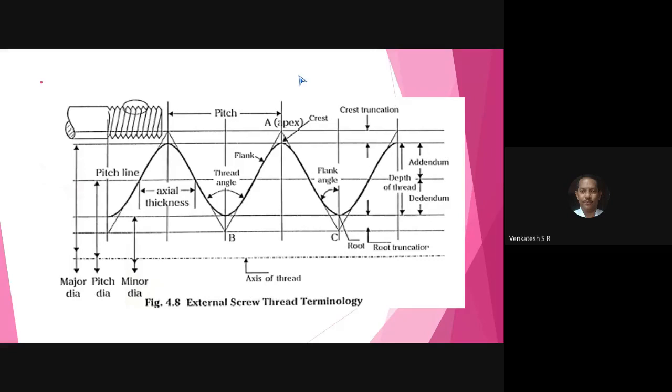All of you write down the question. Explain briefly with a neat sketch external screw thread terminology.